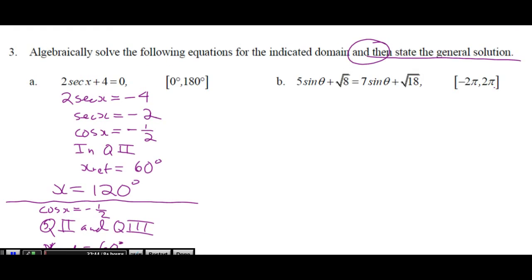Whoa, 5 root 8 and root 18. Okay, so what are we going to do? I could go negative 2 sine theta equal to root 18 minus root 8. Going back to that one, 60, yep.